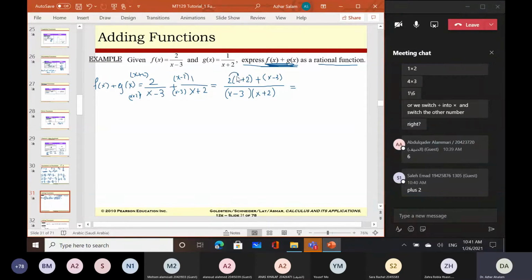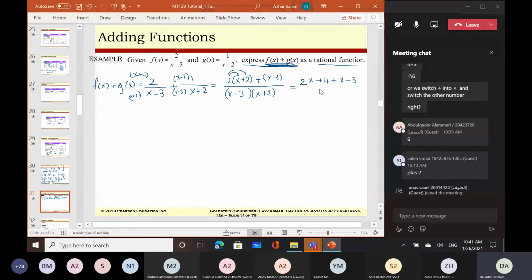I distribute the 2 inside the brackets, I have 2x plus 4 plus x minus 3. For the denominator, if I have two brackets like that, I have to multiply each part together.